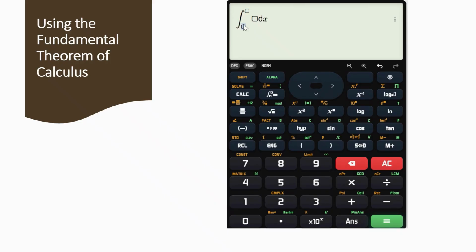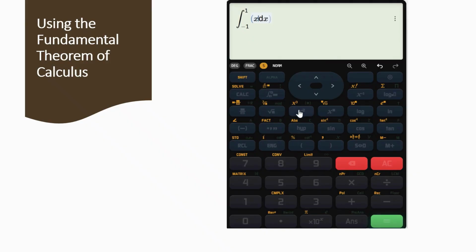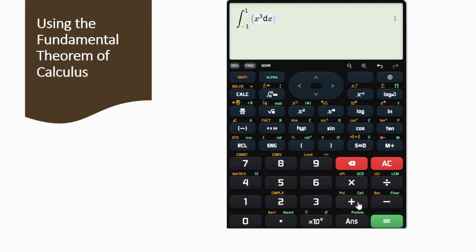Our lower limit is negative 1 and our upper limit is positive 1, and let's start with a bracket, alpha x cube plus 2 alpha x. Don't forget to close the bracket and see, you got the answer as 0.